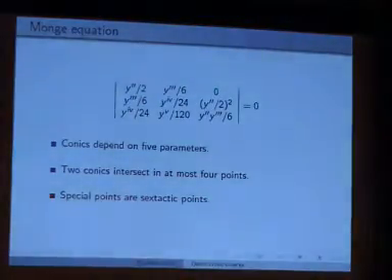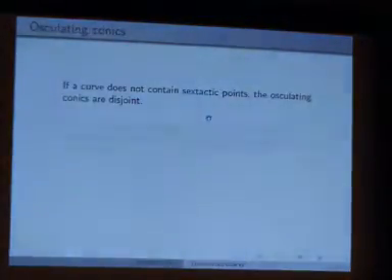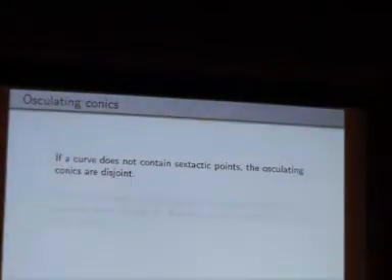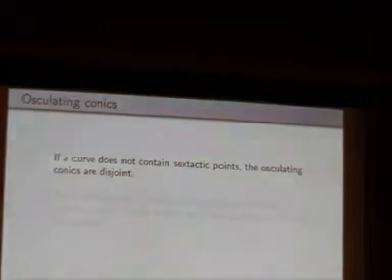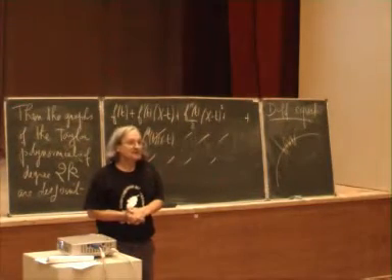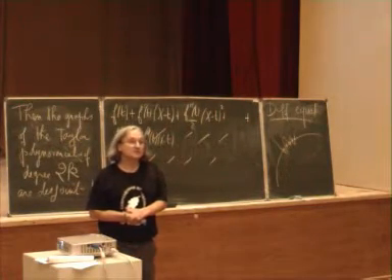Here's a theorem which is exactly analogous to Tait's theorem. If a curve does not contain sextactic points, so if the curve is generic, then the osculating conics are disjoint, just like the osculating circles.